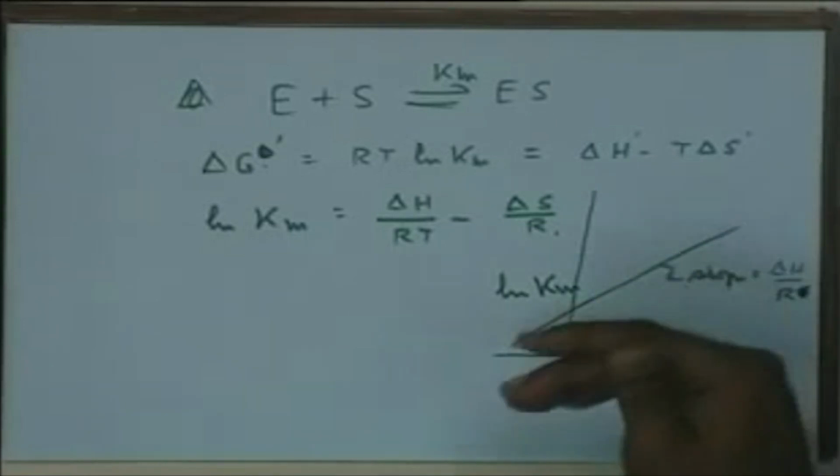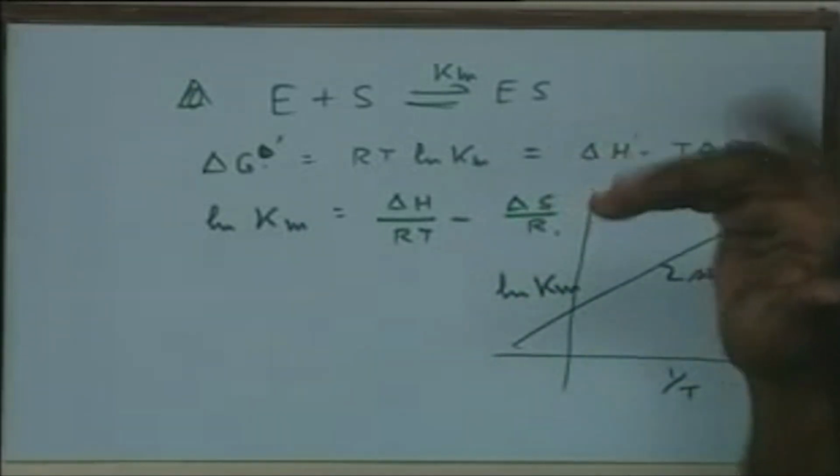Also, I have shown only a positive slope, but it could be a negative slope also. The sign will indicate whether the enzyme substrate binding is exothermic or endothermic.